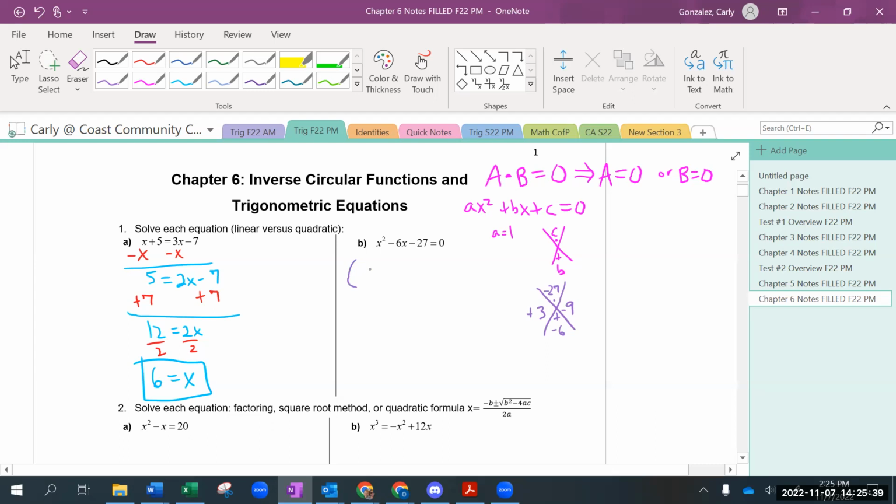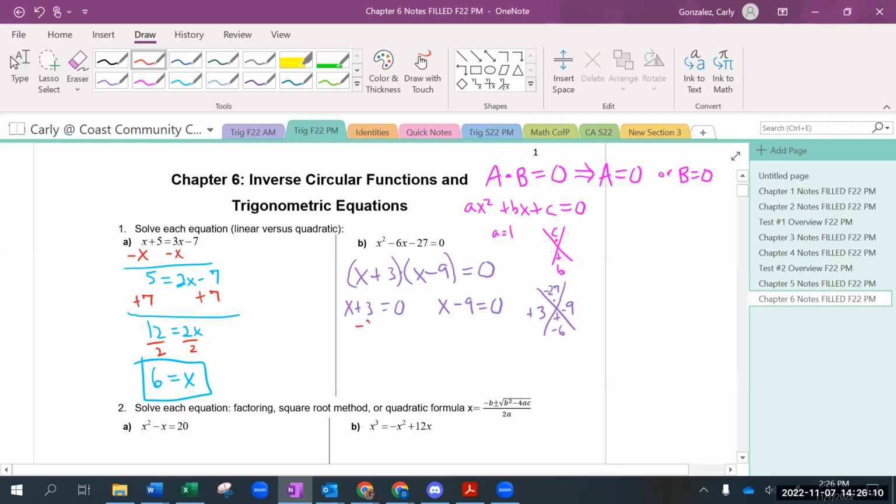So that allows us to factor x squared minus 6x minus 27 into x plus 3 times x minus 9. And all of that will still equal 0. And now using this zero product property, we can say that either x plus 3 has to equal 0 or x minus 9 must equal 0, because those are the two quantities multiplying to equal 0.